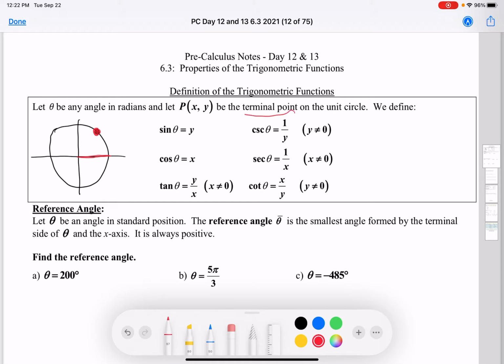From my initial side, that's always going to be on the x-axis, to the line that is created by stopping at this point on the circle. We are given an angle here. This would be the theta given in any radians, and this would be the terminal point that we're referring to.